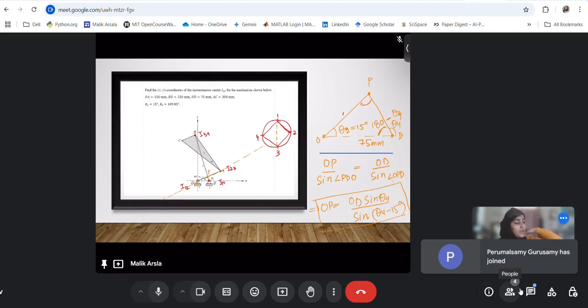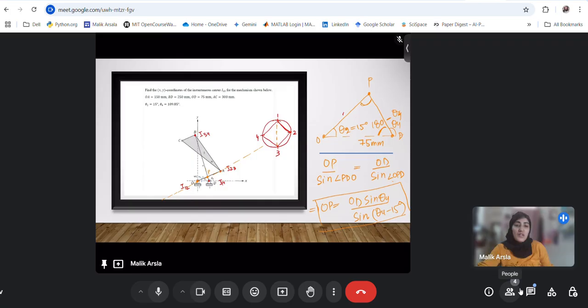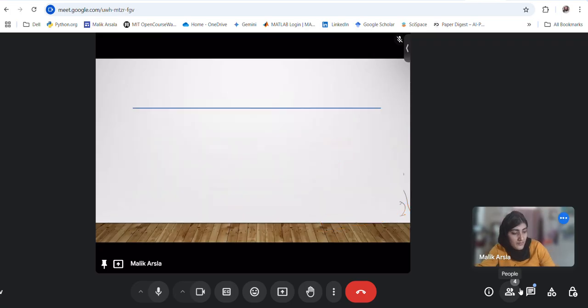So sorry. Have you gotten the answer? What is the x coordinate and y coordinate?